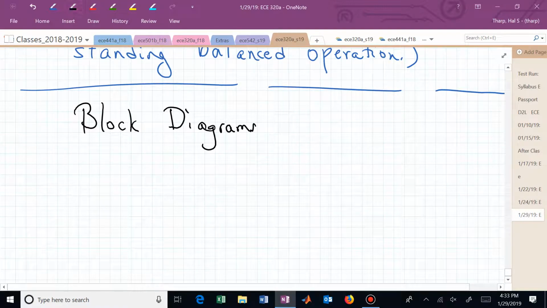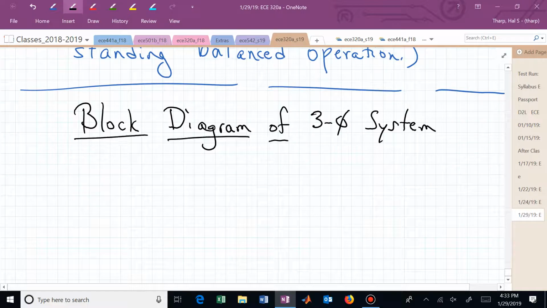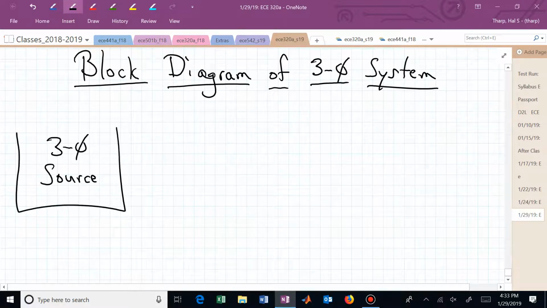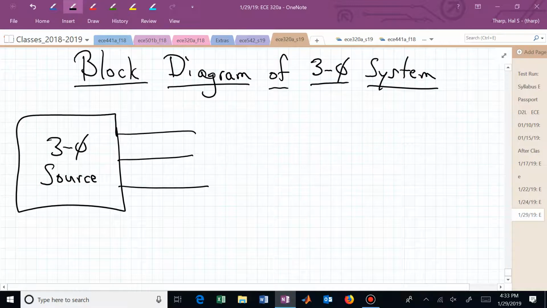So now let's look at a block diagram of a 3-phase system. And when I say a block diagram, it is a very crude block diagram. There's a block representing our 3-phase source. So now we have possibly 3 lines coming out of that source, depending on how it's interconnected, and that now goes through transformers and transmission lines.